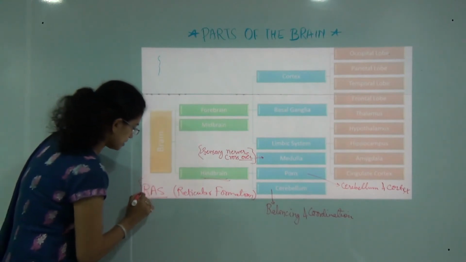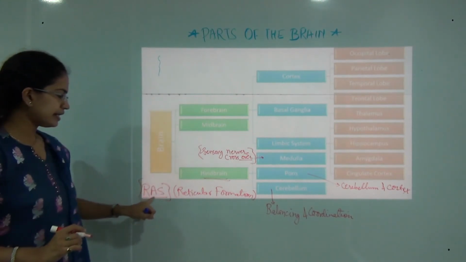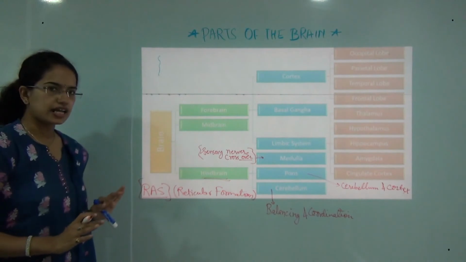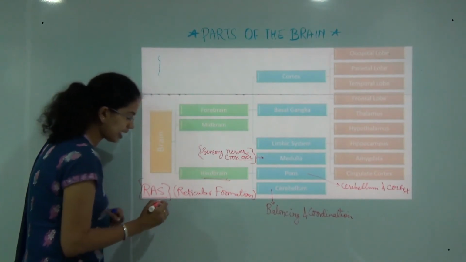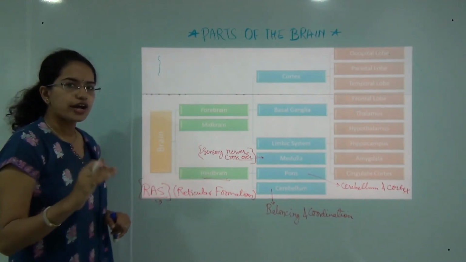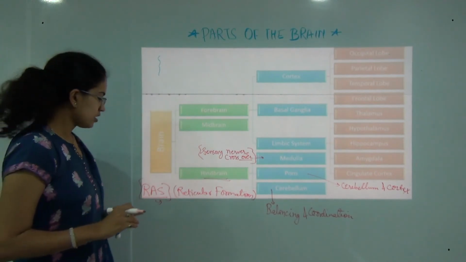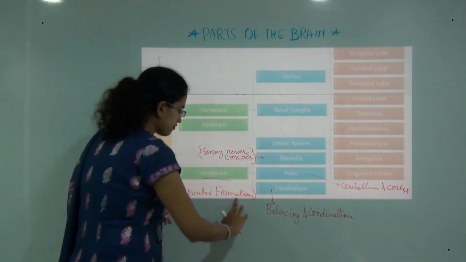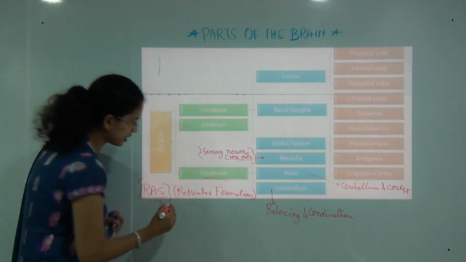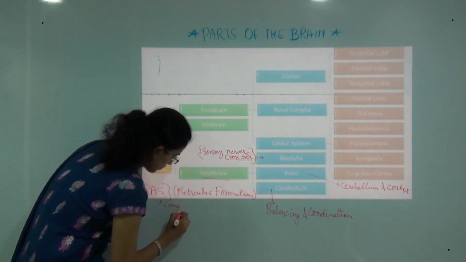Okay. So this RAS is an important part. Any deviation in RAS can lead to either hyperactivity disorder or attention deficit disorder. So in case RF or reticular formations are destroyed, a person can go into coma.